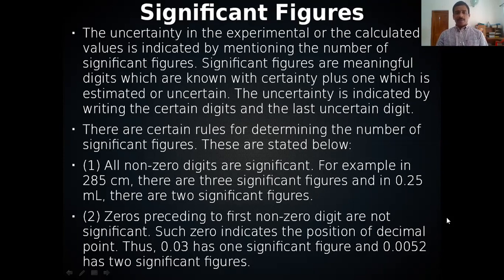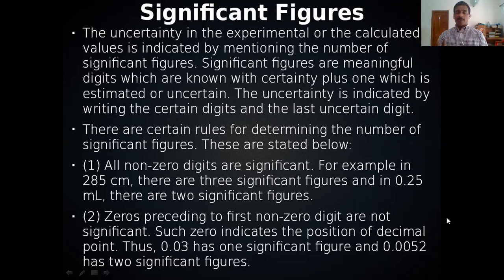Second, zeros preceding the first non-zero digit are not significant. For example, 0.0052. Here the zeros are preceding the non-zero digits. They are not significant.